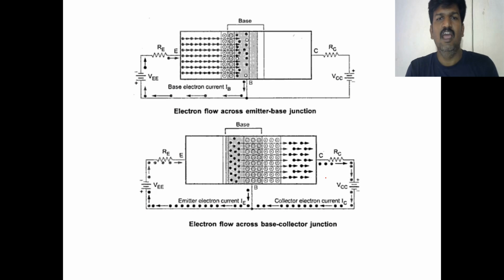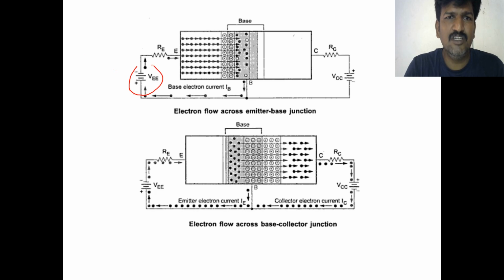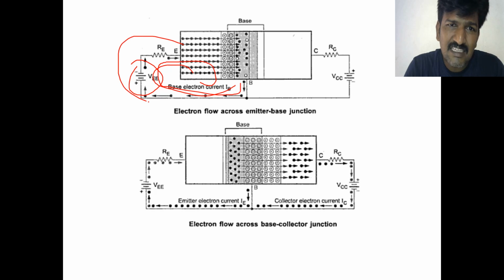Let me consider electron flow across the emitter-base junction. Very simple. When you apply the emitter-to-base voltage like this, the base-to-emitter junction becomes forward biased, so IB is going to flow like this. Electrons are moving like this, but current is moving like this.